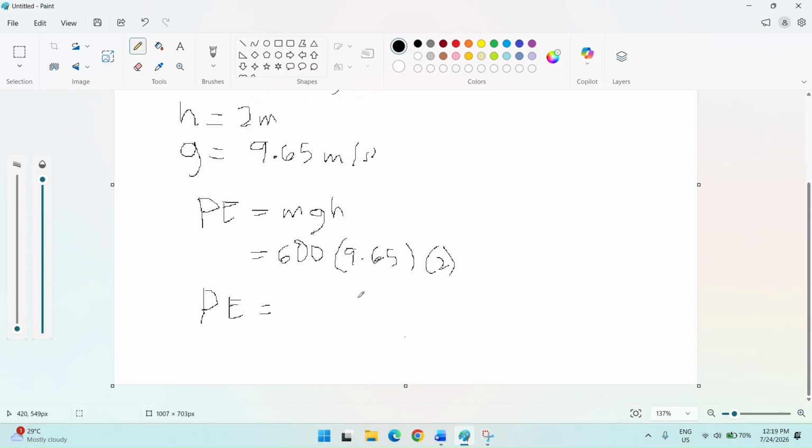After using my calculator, I got 11,580 joules.